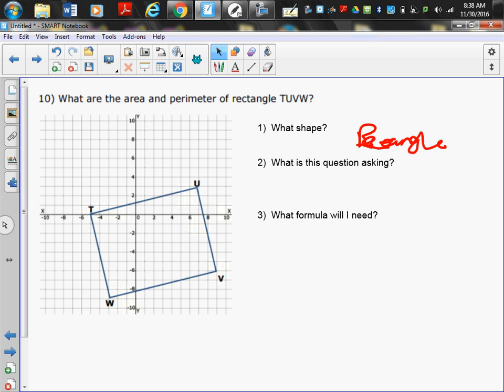Ronald. What is this question asking me to find? Oh, so this is asking for area and perimeter. All right. So what formula will I need? Miss Williams.